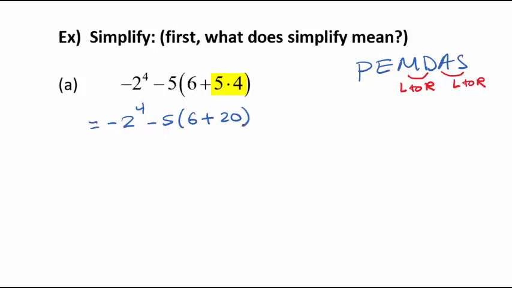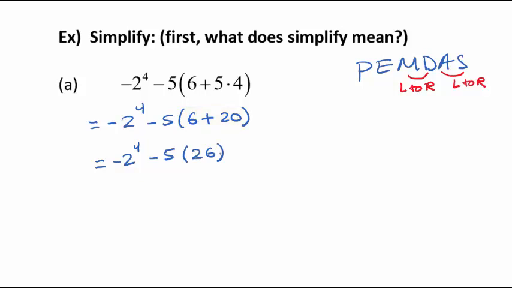And then we simplify the one in parentheses again: 6 plus 20 is 26. And the parentheses here means we multiply 5 and 26 together.